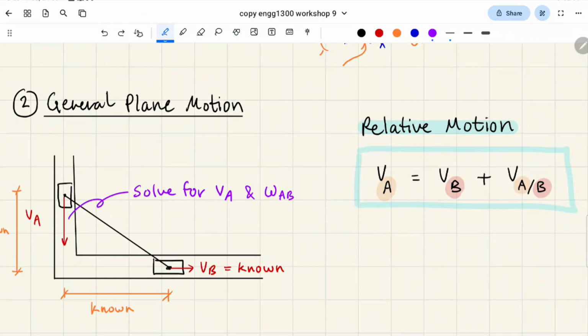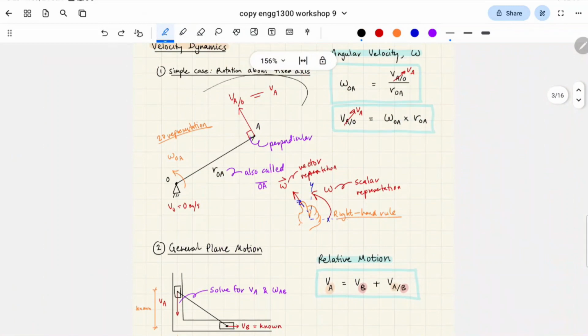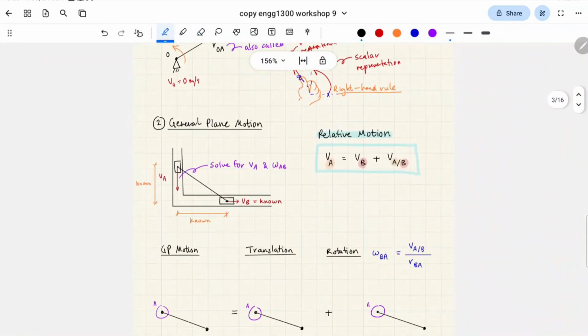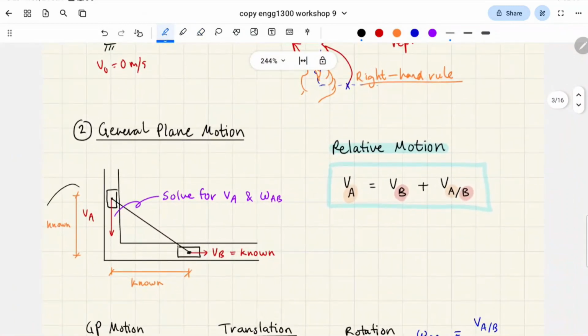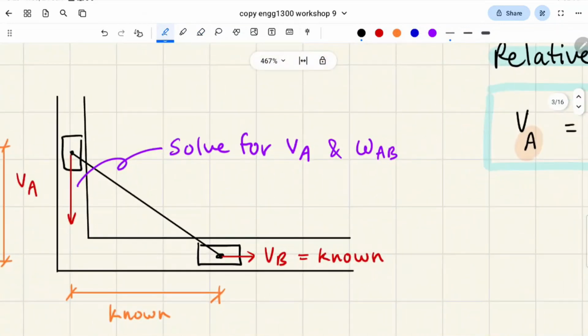So neither of these sliders are fixed in place, right? So yeah, like we can't really do this situation. Usually in these questions, these distances are given, right? So these are known. And therefore, these angles here will be known as well.